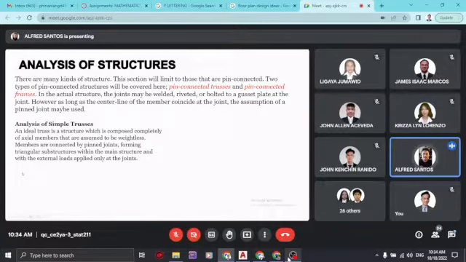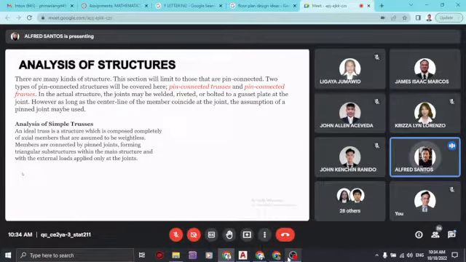A simple truss is composed of a series of triangles. You have seen trusses used on roofs and also on bridges. An ideal truss is a structure composed completely of axial members, meaning only axial forces act on it: no shear, no moment, or bearing.